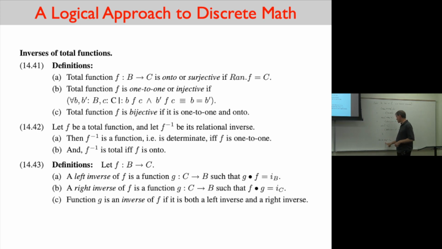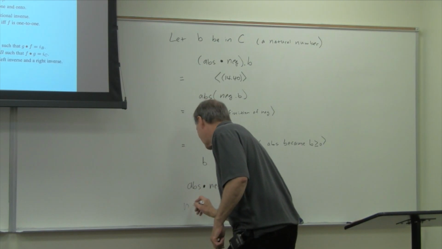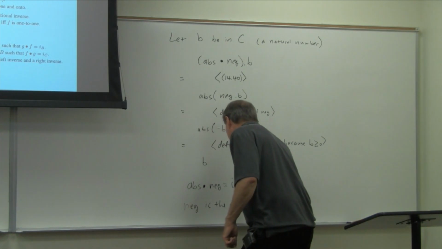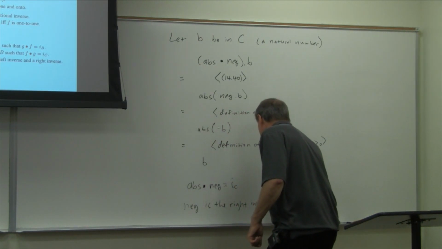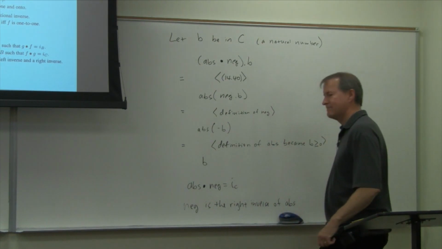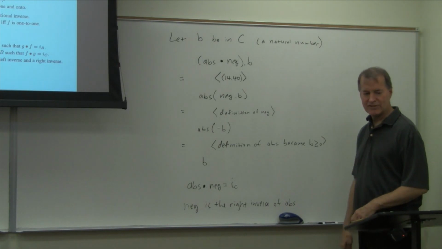So neg is the what? In this example, of abs. Okay, so here what we're saying is that neg is the right inverse of abs. All right, so that finishes the example.